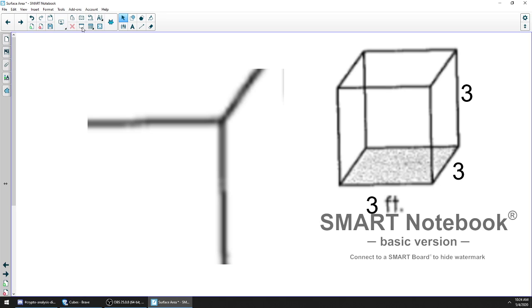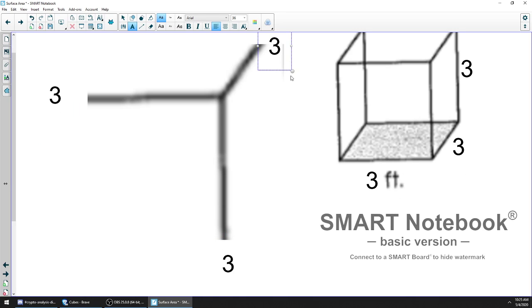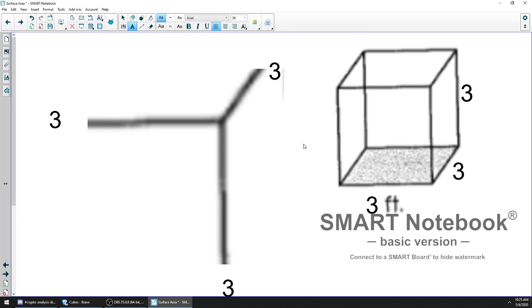And just like in that video, what did they do? They put the length, height, and width on the lines to show you that. Then, what they did is they wanted to find the faces.